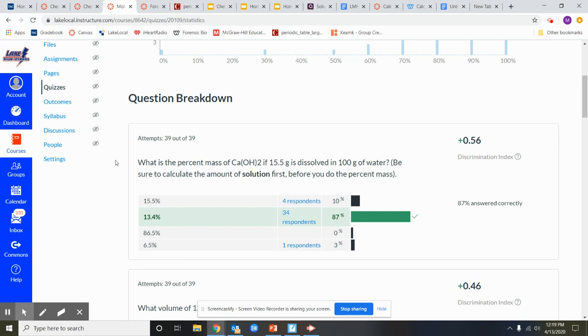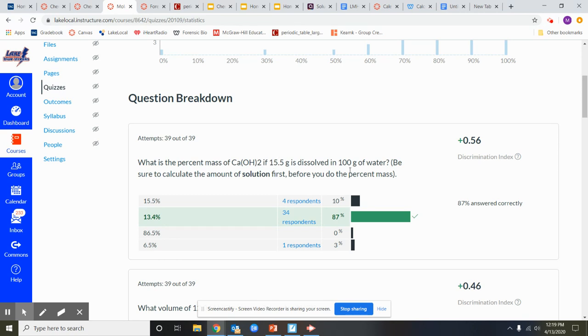But in this case, it's telling me that I have 15.5 grams of my solute, which is my calcium hydroxide, and I'm dissolving that in 100 grams of water. Well, 100 grams of water is not my solution. You don't get a solution until you actually add the solute to your solvent.